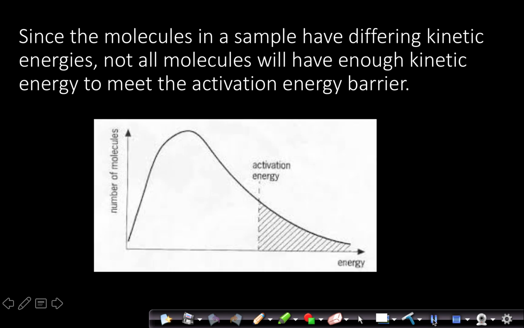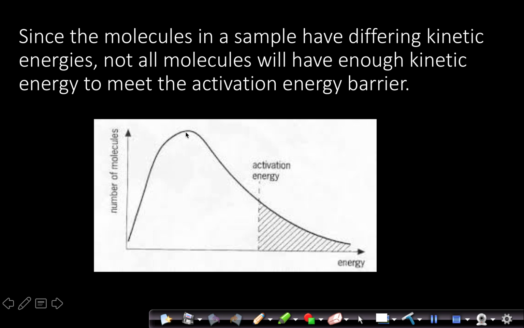We also know that activation energy is the minimum amount of kinetic energy that molecules need to have upon collision to cause an effective collision, which would lead to a reaction. And since molecules in a sample have differing kinetic energies, not all molecules will have enough kinetic energy to meet the activation energy barrier.